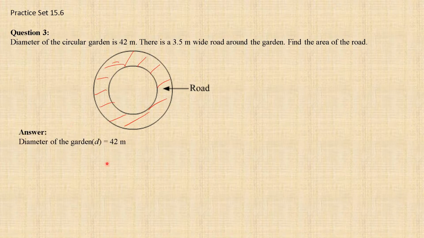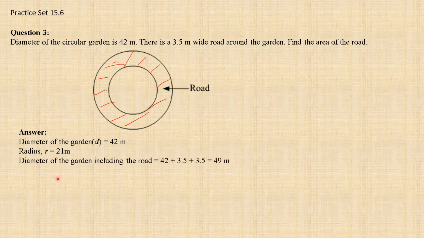Diameter of the garden, that is diameter of the bigger circle, is given as 42 meters and the radius of the bigger circle will be 21, that is half of 42. Diameter of the garden including the road, that is 42 plus 3.5 meters plus 3.5 meters. So including the road, the diameter of the garden will be 49 meters.